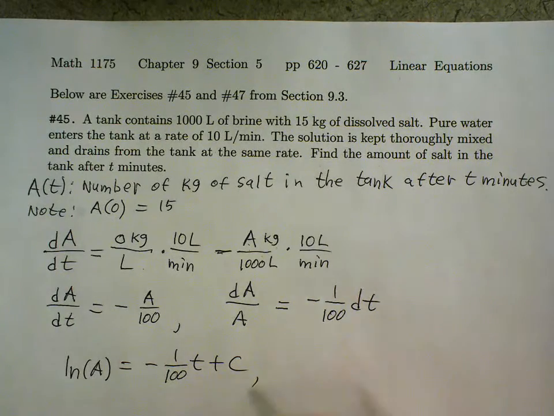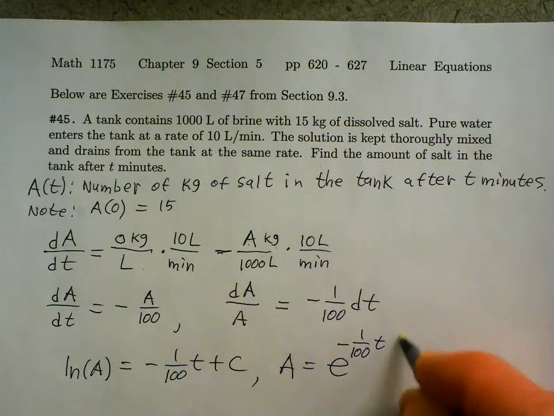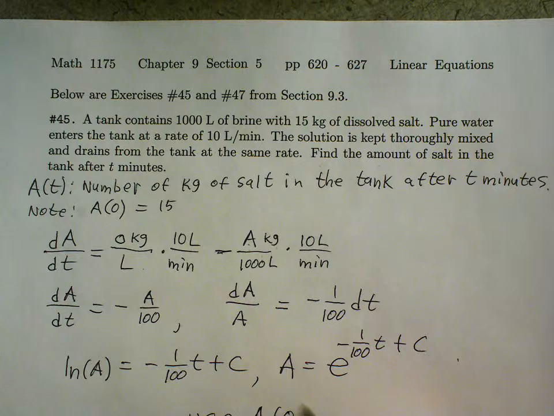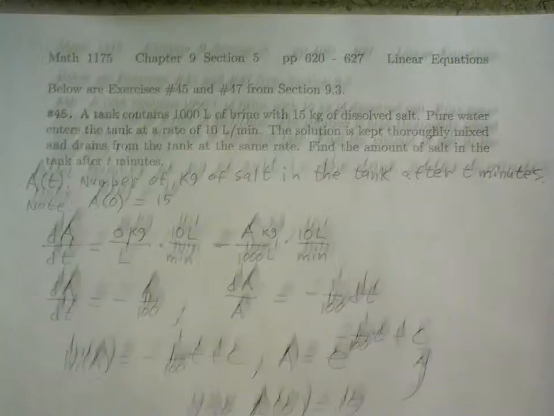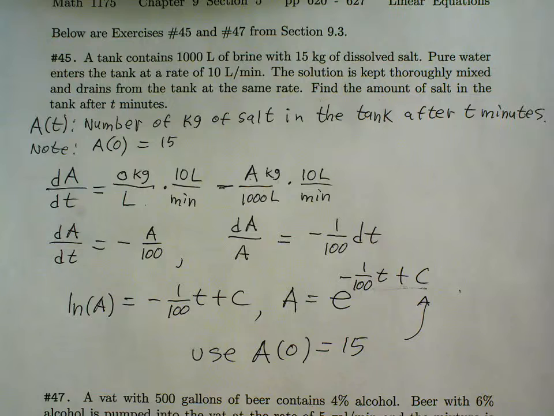I'll just do one more step. Solving for A, we get A equals e to the negative 1/100 t plus c. So you can do the rest. Use the initial condition A of 0 equals 15 to determine what that constant c is. Okay, we're out of time. Go ahead and sign in for attendance.